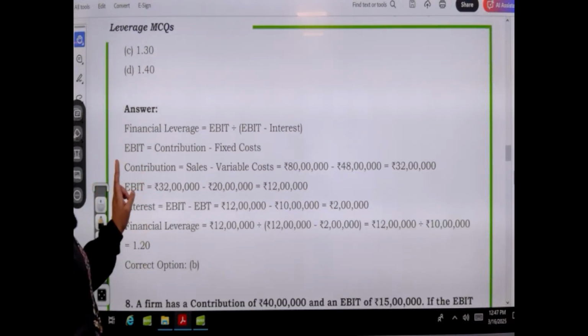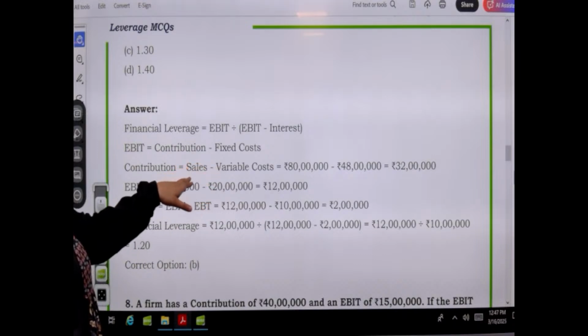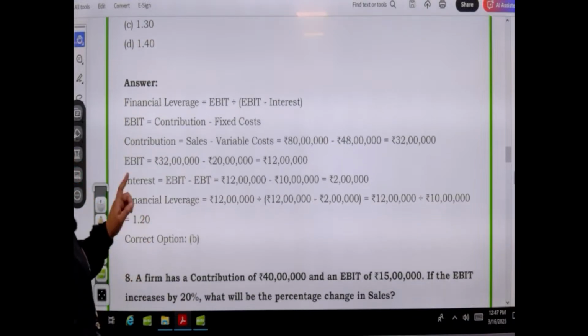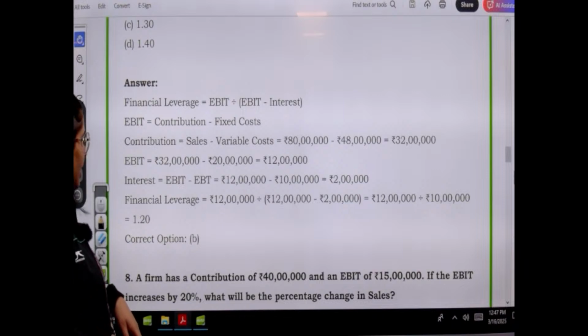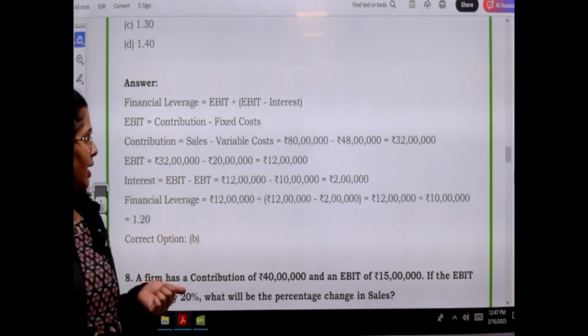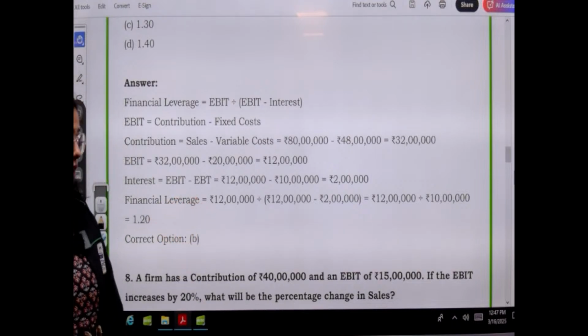EBIT: 32 lakhs is your contribution, less 20 lakhs fixed cost, 12 lakh rupees you have got as your EBIT. You are already given EBT, that is 10 lakhs. So what would be the financial leverage? 12 lakhs divided by 10 lakhs, you got your financial leverage at 1.2.